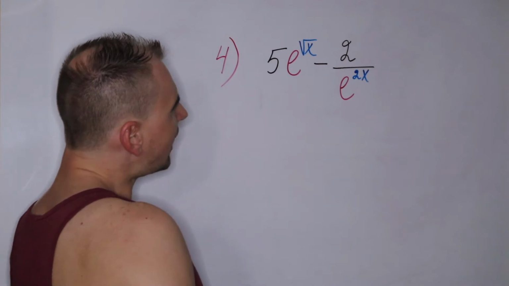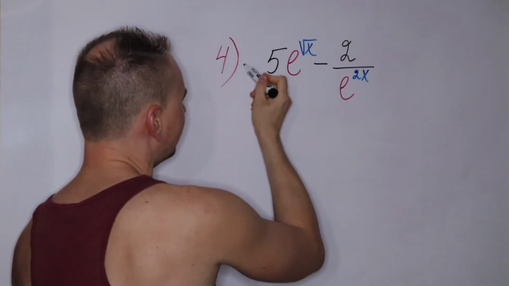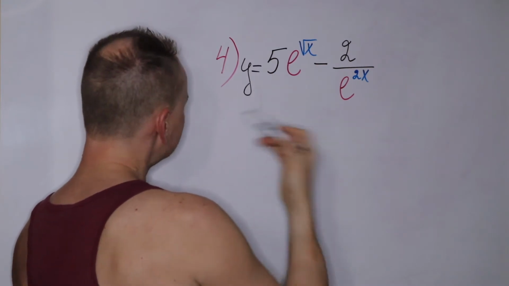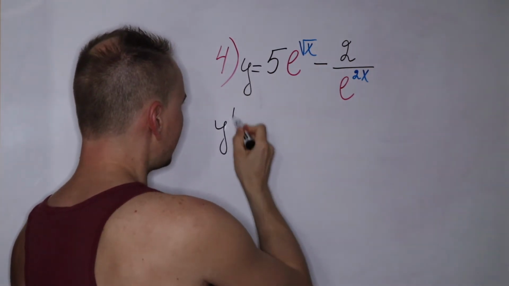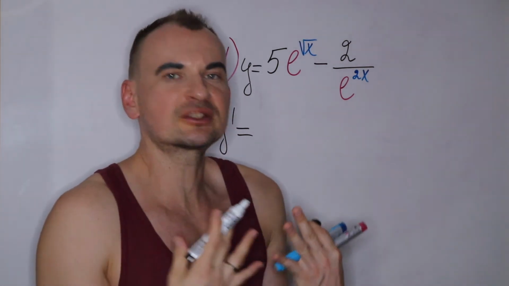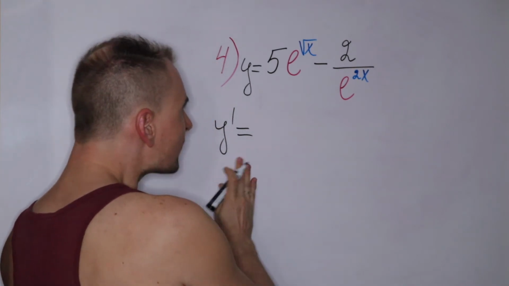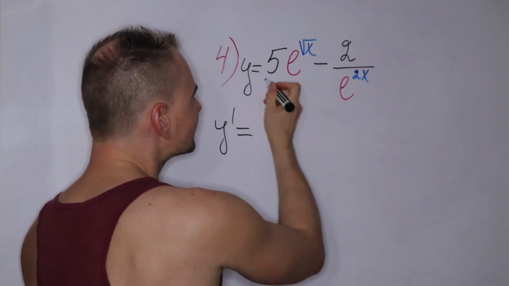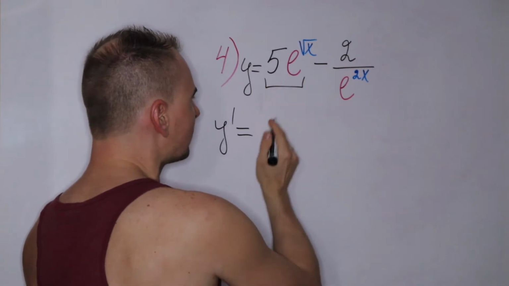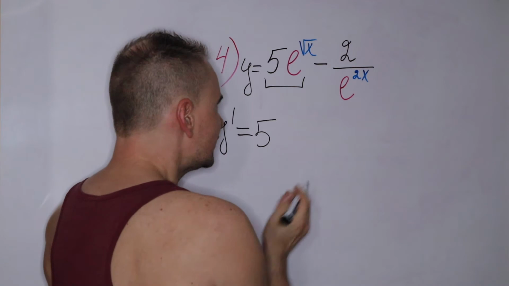So you're given 5 times e to the square root of x. Let's call the entire function y for the sake of simplicity, and y prime, dy dx, whatever suits you best, for the derivative. For the first chunk, you want to keep this coefficient 5 as is, you don't want to change it.